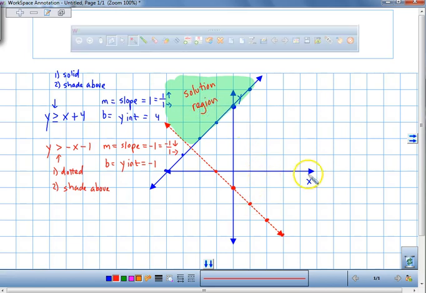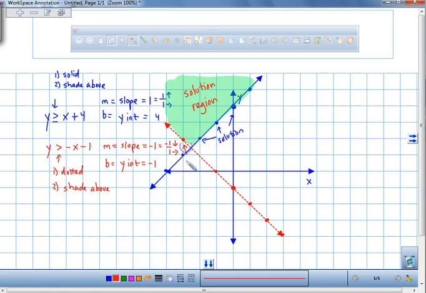And we need to talk about what would actually be considered a solution and what would not. After you shade this area, I want you to understand this point right here. This point would also be considered a solution. Any of these points that are on the line are considered a solution. But any point on this dotted or dashed line, you see this point I just plotted right there?